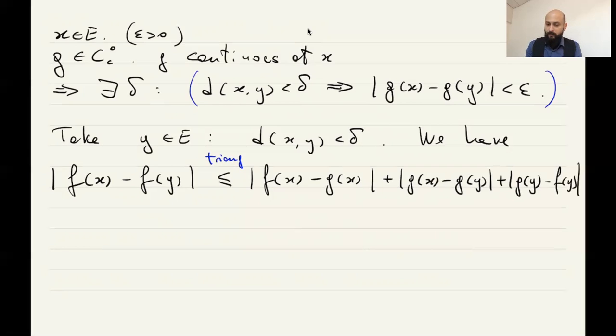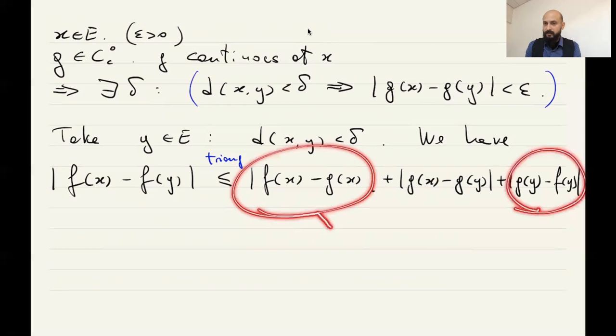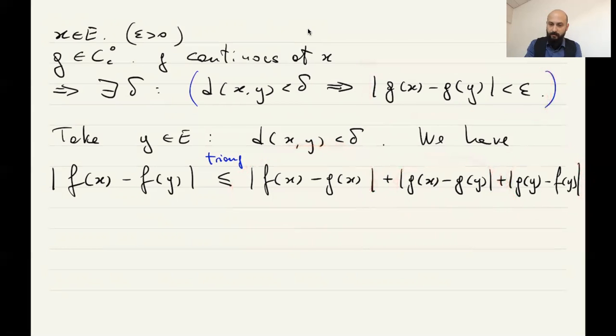Now, the first one is less than the sup norm of f minus g. Likewise, the last is less than the sup norm, and the middle one, by the choice of delta, is less than epsilon.